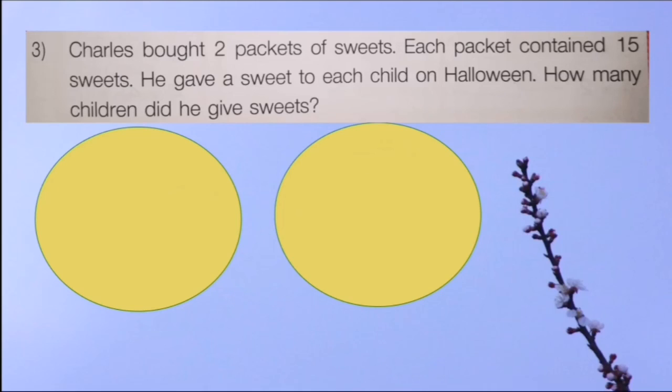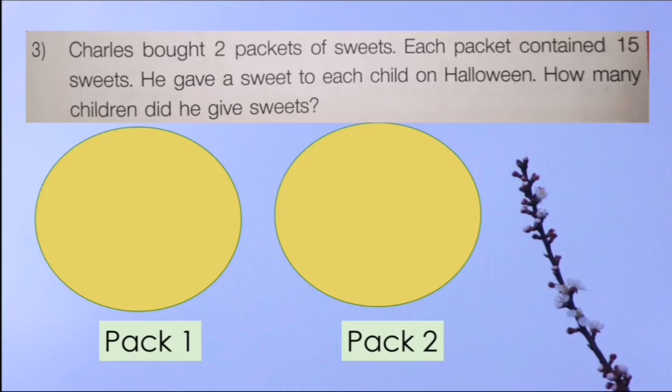So again, Charles bought 2 packets of sweets. So I have here 2 groups or 2 circles. These 2 circles represent the groups. Each packet contained 15 sweets. So this is our pack 1 and our pack 2.